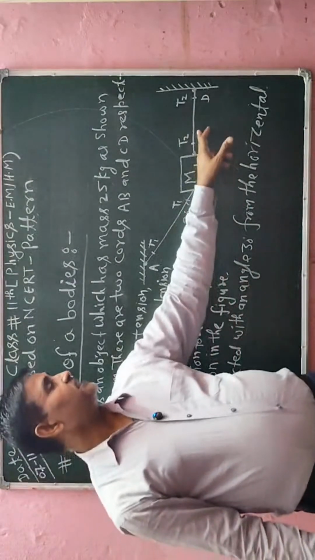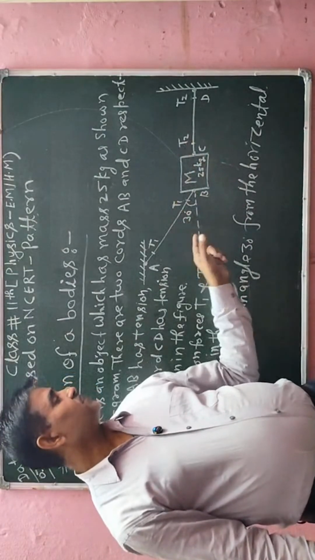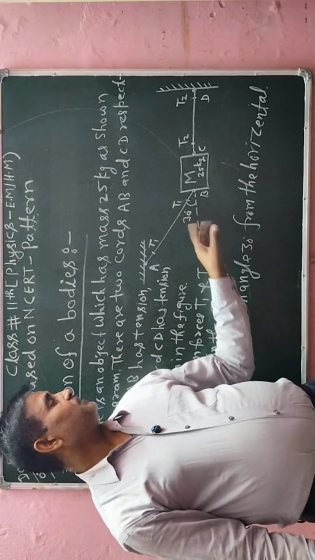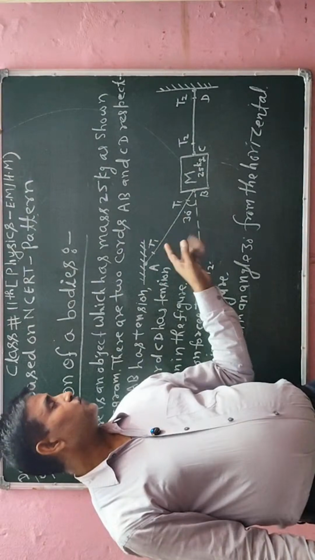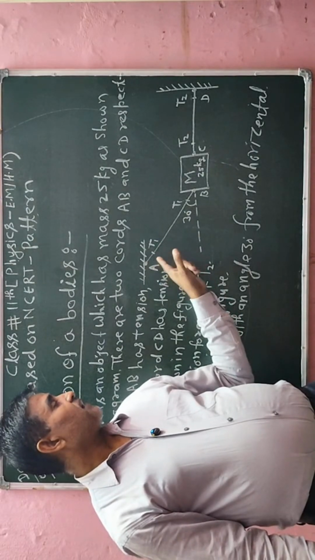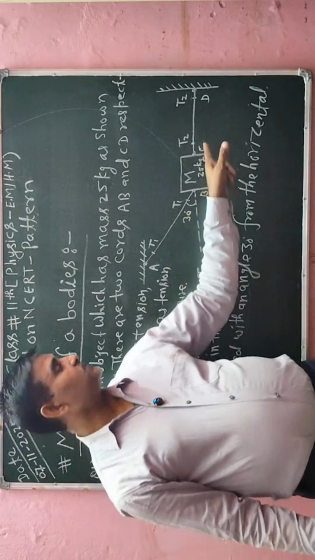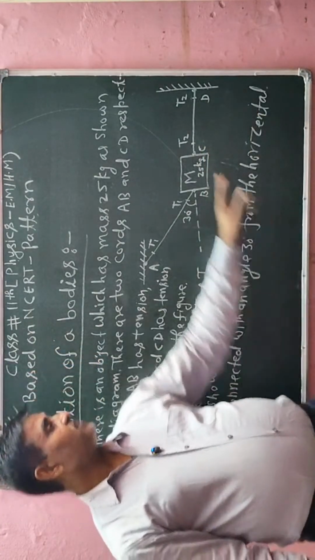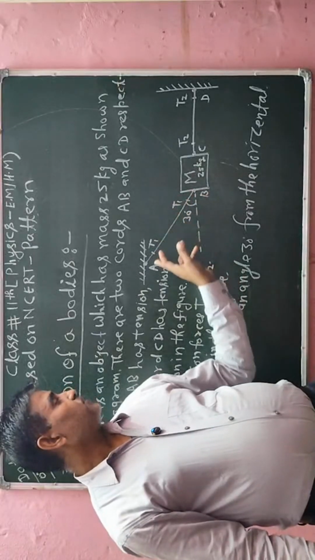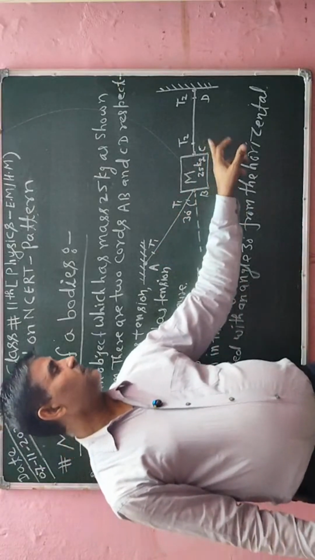Now one is connected horizontally and the other is connected at an angle of 30 degrees from the horizontal. So we have to find the tension force which chord AB feels and also the tension force which chord CD feels. So we have to find the tension force in AB and also in CD.